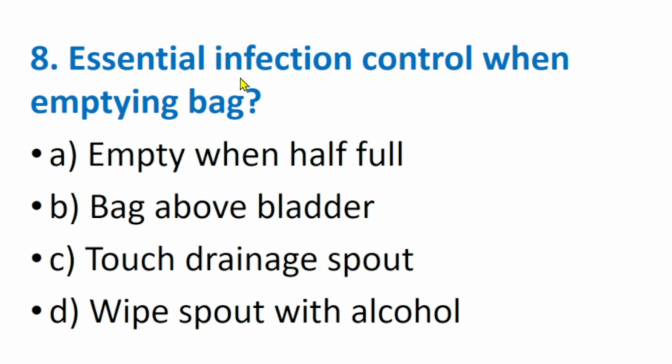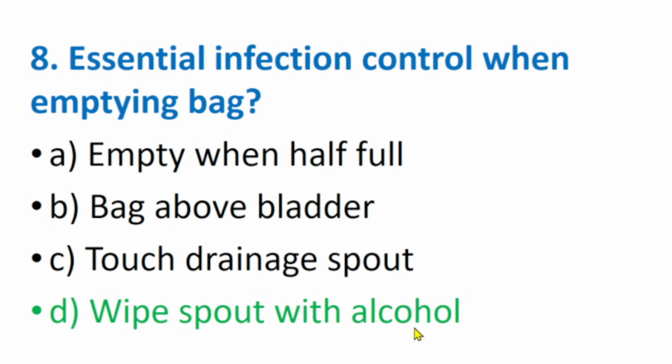Eighth question. Essential infection control when emptying bag: empty when half full, bag above bladder, touch drainage spout, wipe spout with alcohol. Correct answer, wipe spout with alcohol. Spout means the tube that we use to drain the urine.